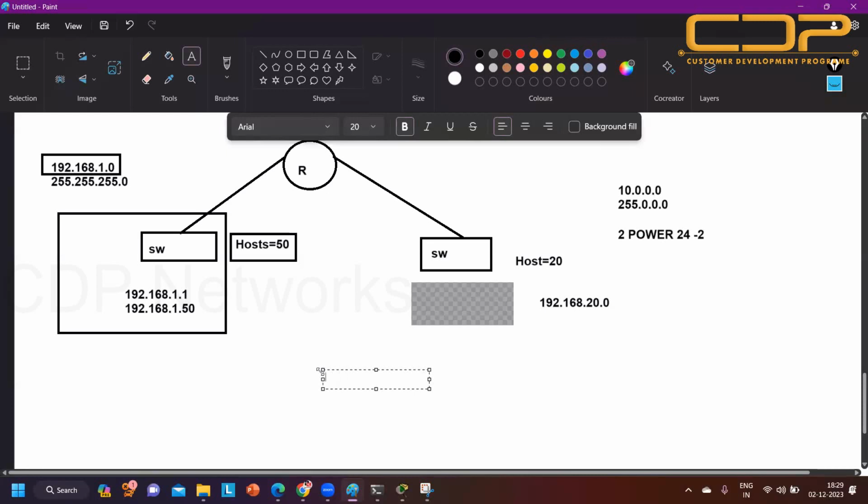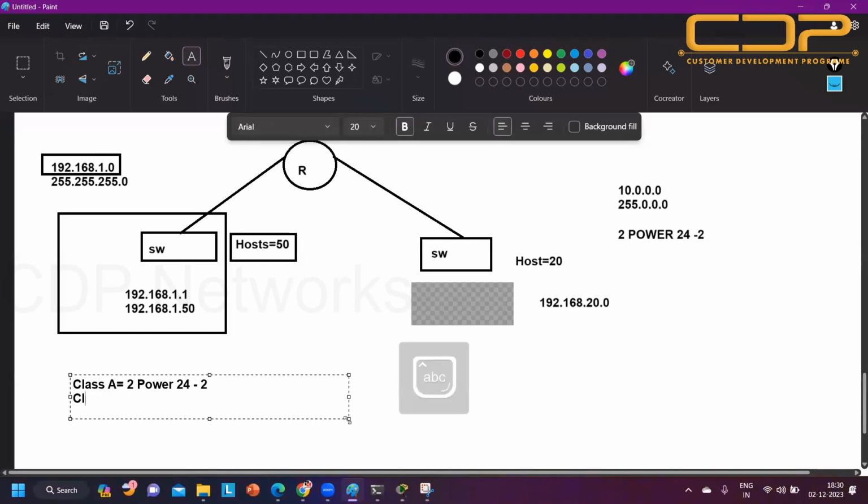By default, from class A I will get 2 to the power 24 minus 2 IP addresses. For class B, by default I will get 2 to the power 16 minus 2. Am I right?